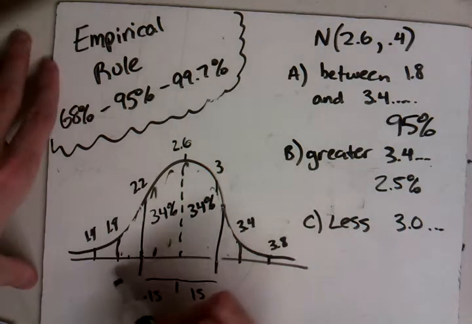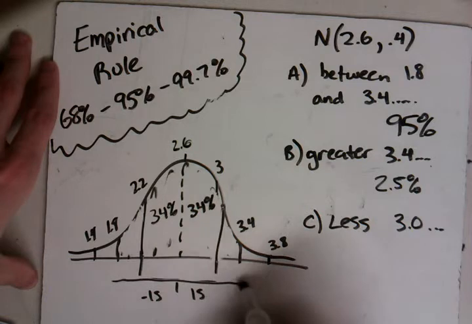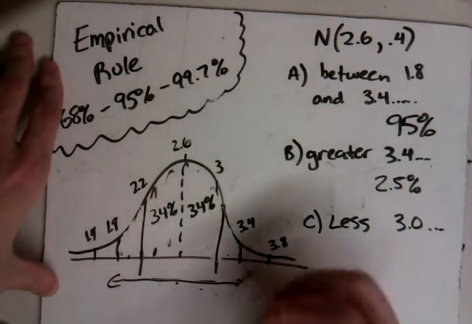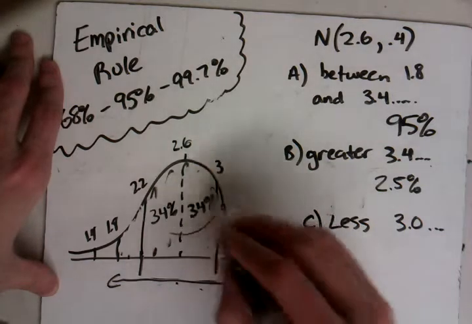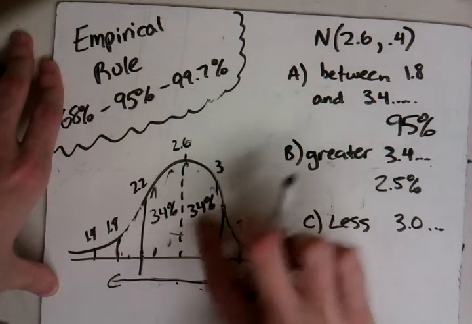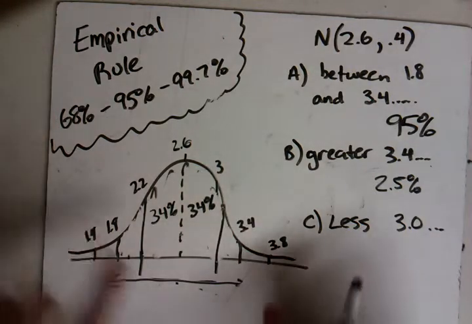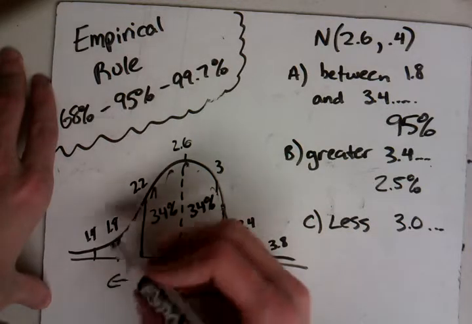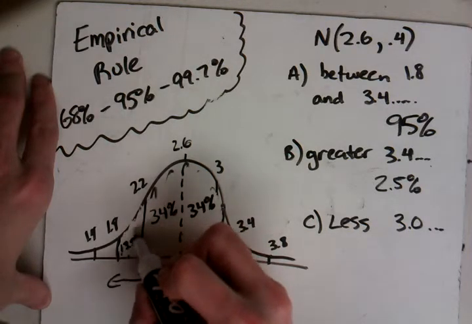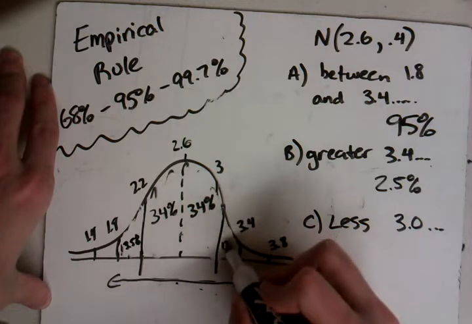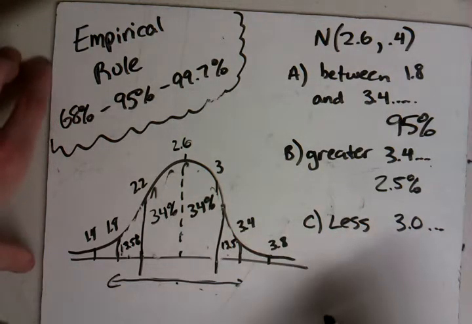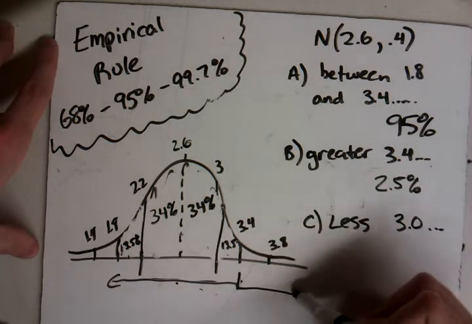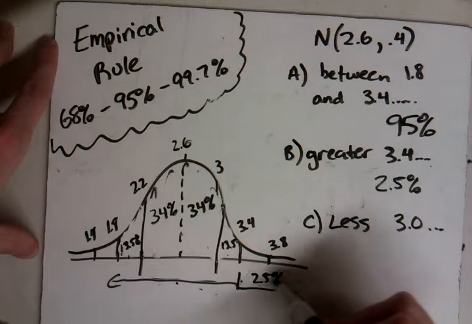Alright? So I know that altogether this distance here would be 95% of my data. But I already know that this part in the middle is 68. So 95 minus 68 leaves 27% to be here and here. If I cut that in half, I get 13.5% and 13.5%. And then we said just a second ago in the last problem that this section here is 2.5% of the data.